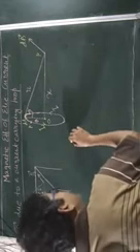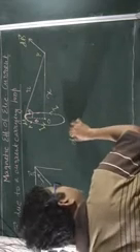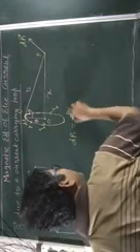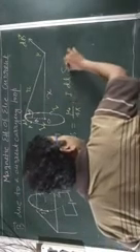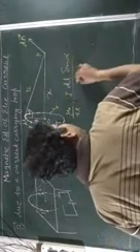This is the radius vector. Now according to Biot-Savart, dB is equal to mu naught upon 4 pi, I dl sin alpha by r square.